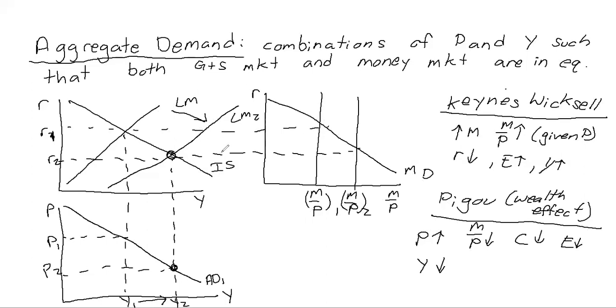So this is a shift in the LM curve and a movement along the IS curve. Okay, so let's start with what actually shifts the aggregate demand curve.